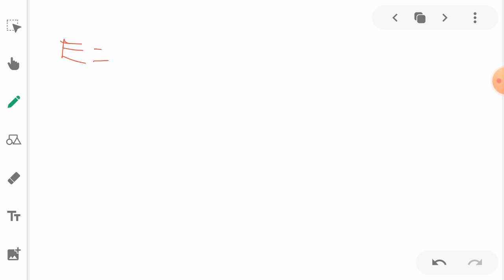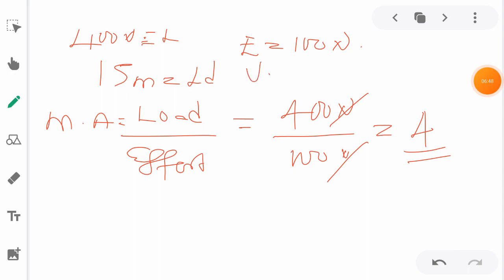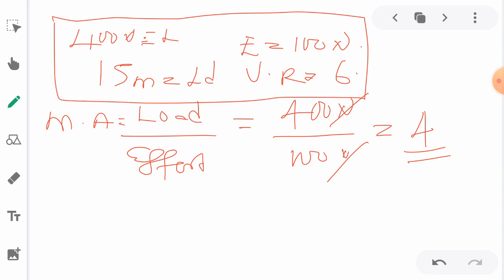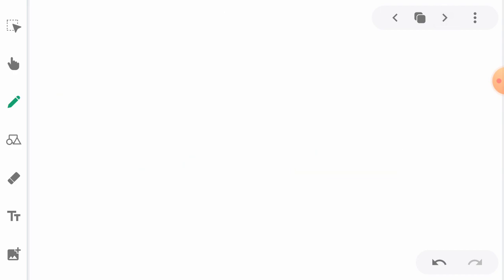Okay, let me say that it also has a velocity ratio of 6. So this is the information that we have about this pulley system: load, effort, distance moved by the load, and velocity ratio. So finding mechanical advantage, we use this. How can we find the distance moved by the effort?